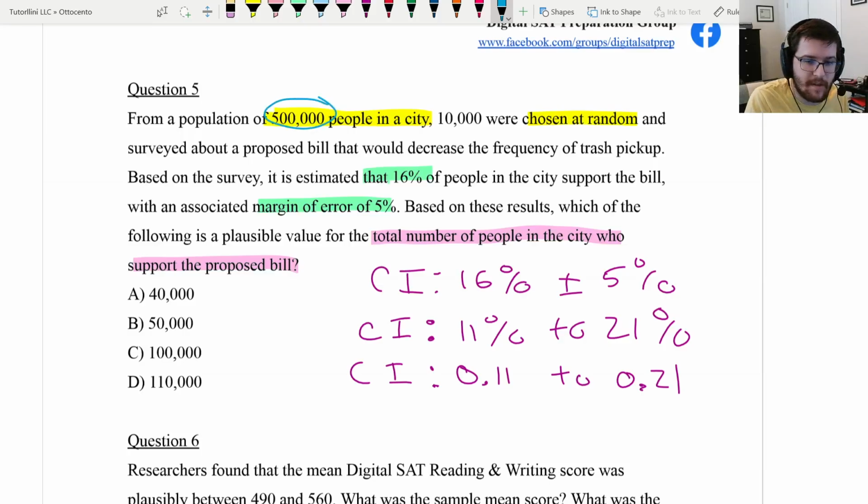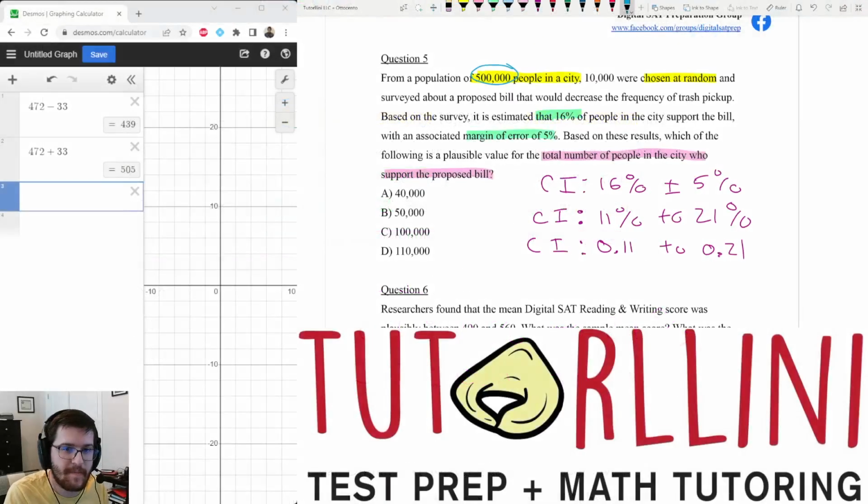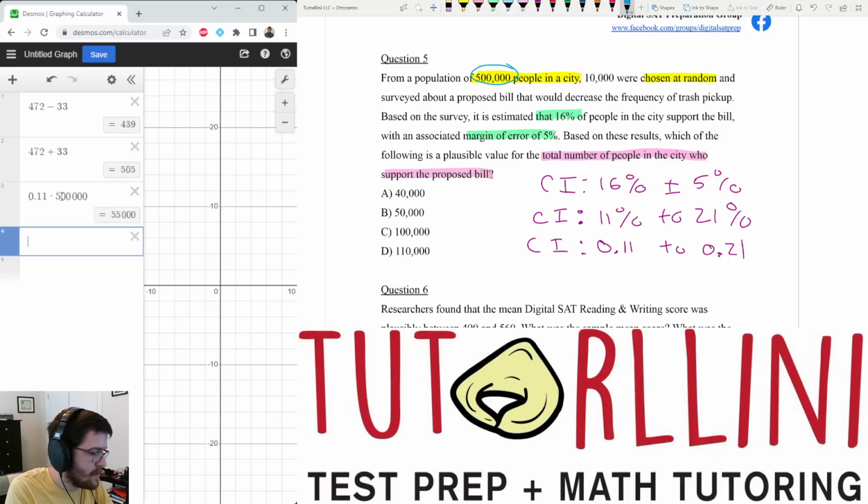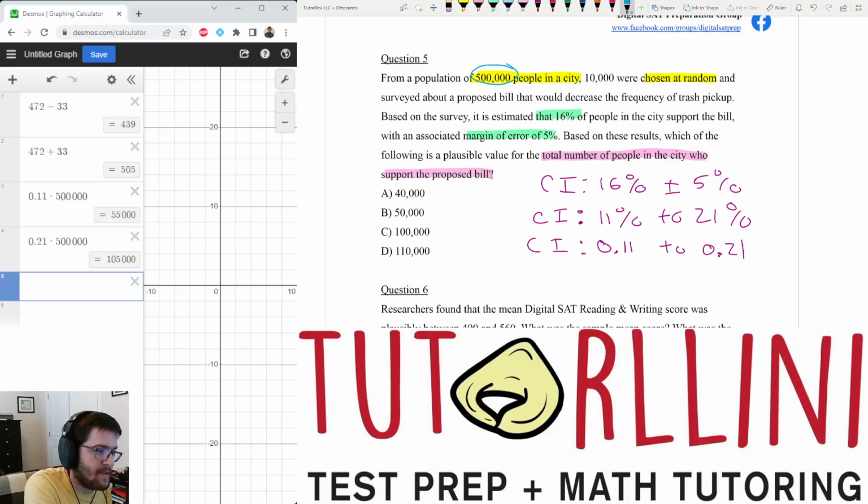So let's go back over here and do 0.11 times 500,000. And let's do 0.21 times 500,000. And we get 55,000. The confidence interval for votes is 55,000 to 105,000.